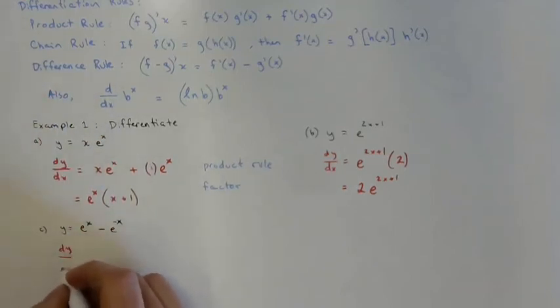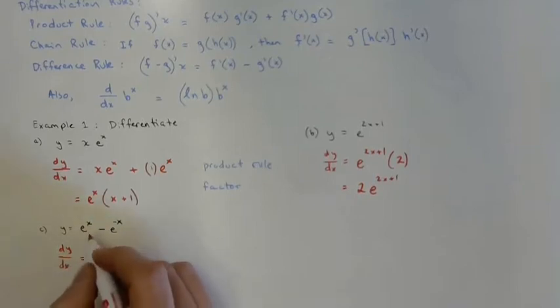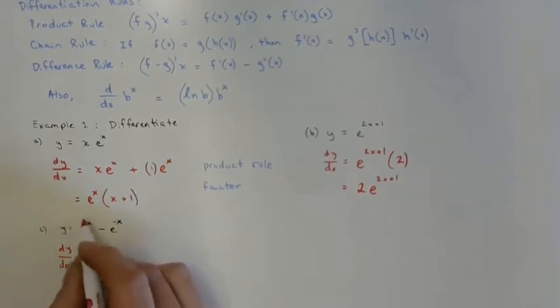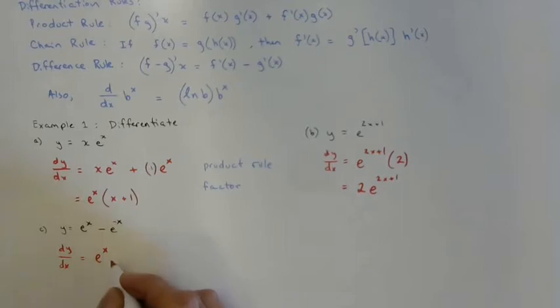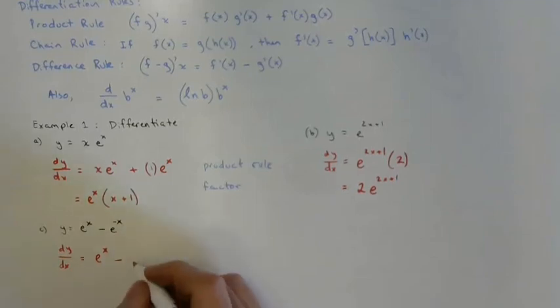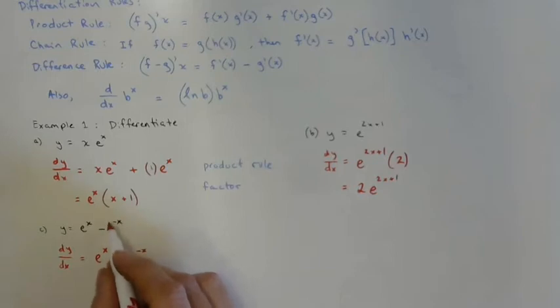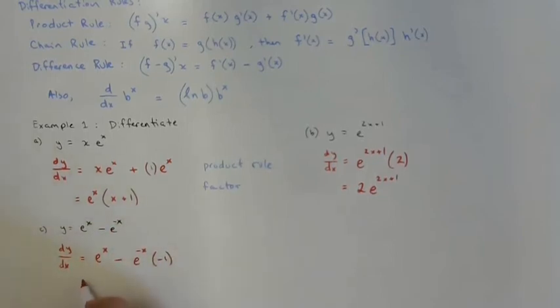So to take the derivative, dy by dx, it's the derivative of the first function, which is just e to the power of x, minus the derivative of the second function. And the second function is going to be the derivative of the outer with respect to the inner, which is just e to the power of negative x, times the derivative of the inner. The derivative of negative x is negative 1.